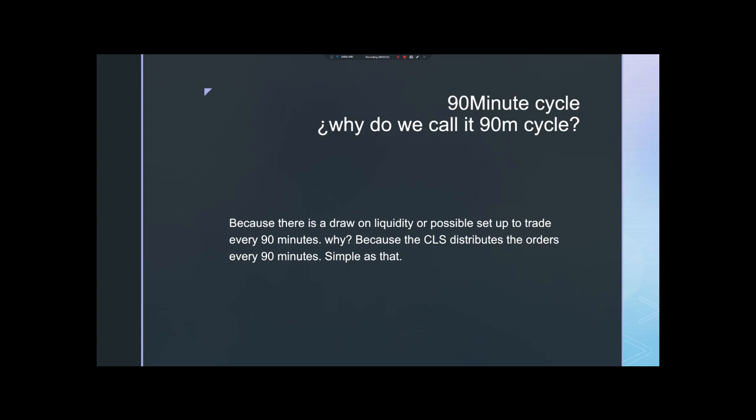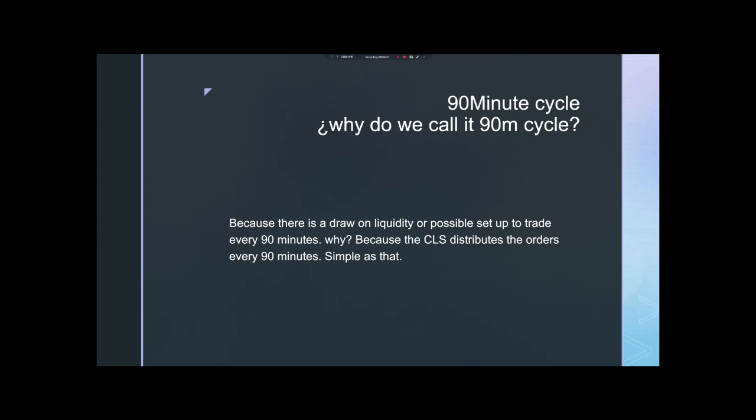How can I explain this as simply as I can? Imagine the central bank books, let's say, $10 million to the CLS. Imagine I am the CLS. I'm trying to think what time and at what level I'm going to distribute those orders.